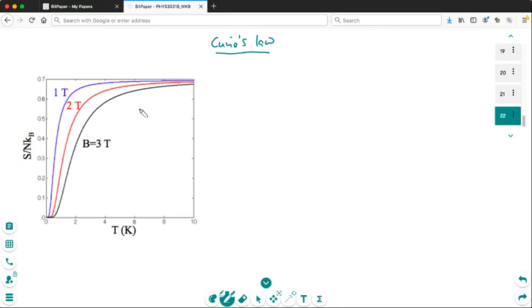And if Curie's law fails, I wouldn't be able to discuss adiabatic demagnetization. Okay, so this is the power of knowing both thermodynamics and this microscopic treatment. When you combine them, you get something very powerful.